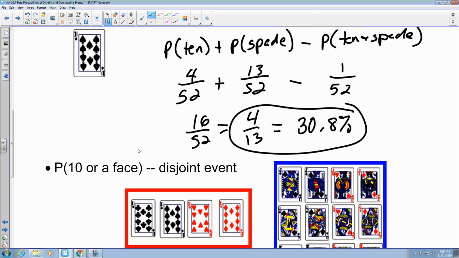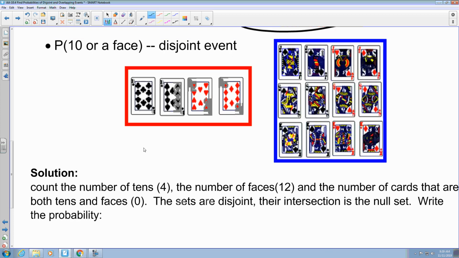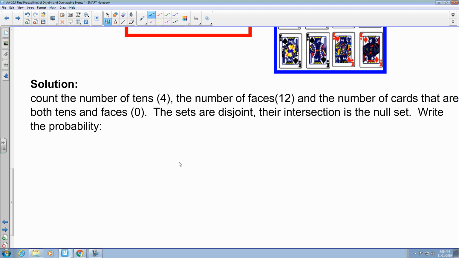Now we look here. They want us to find the probability of a 10 or a face card. This is an example of a disjoint or mutually exclusive event because there are no 10s that are face cards and there are no face cards that are 10s. So this is going to be the probability of selecting a 10 plus the probability of selecting a face card.